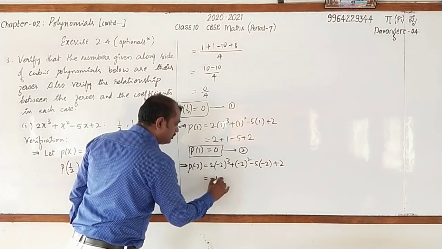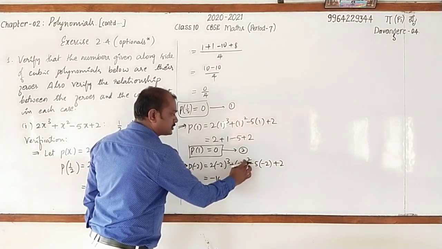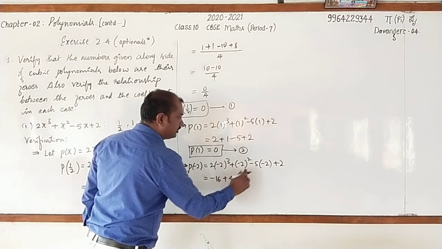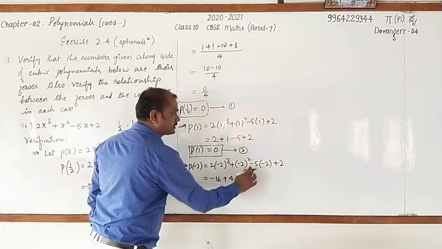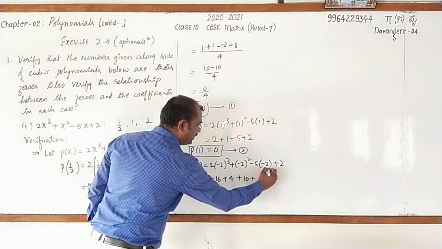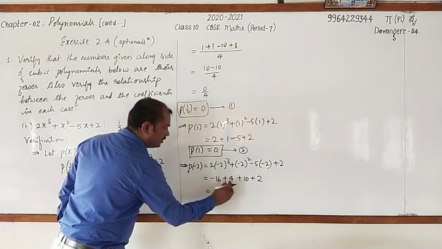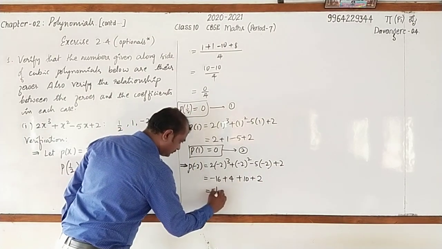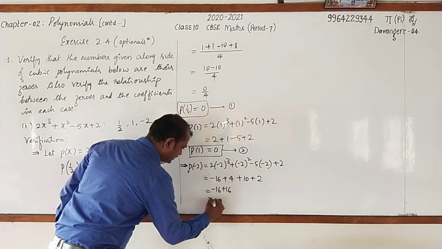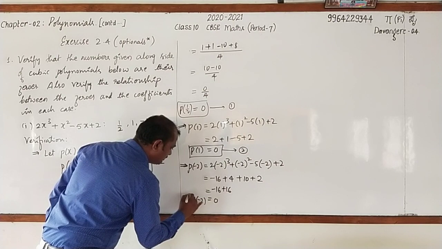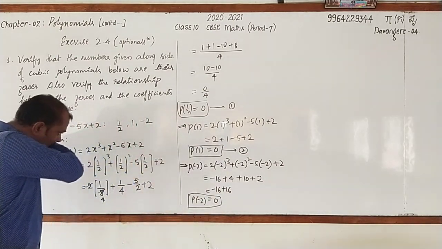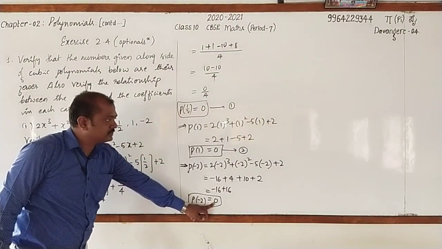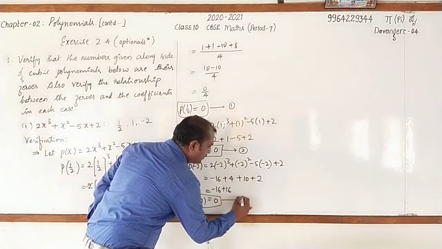Minus 8 into 2, minus 16. Minus 2 whole square, plus 4. Minus into minus plus, 5 2s are 10, plus 2. Observe, 10 plus 4, 14 plus 2, 16. Minus 16 plus 16 is 0. Even P of minus 2 is also equal to 0. I call this statement 3.